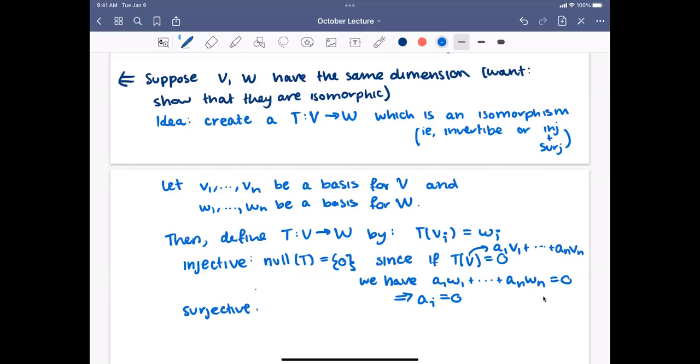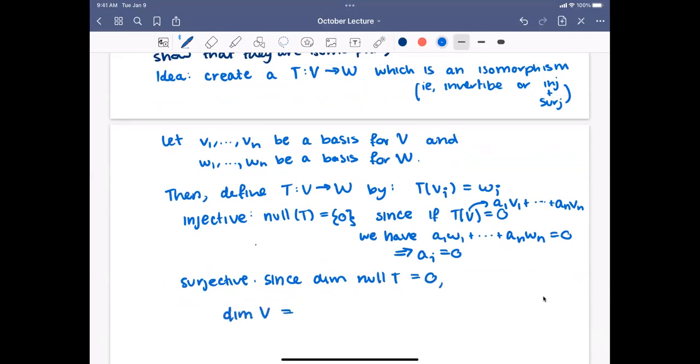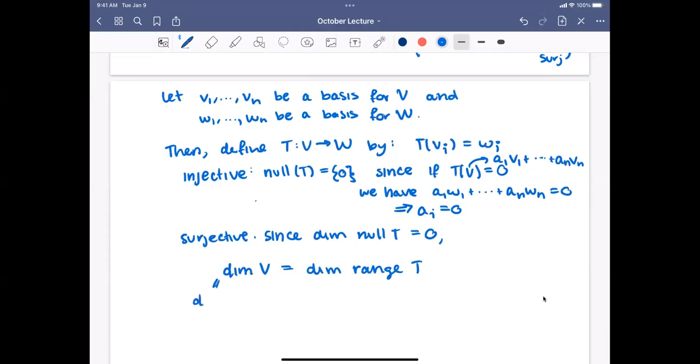If you use rank nullity, you can just say dim V equals 0 plus dim range T. Yeah, okay, so since dim null T is equal to 0, we have dim V equals dim range T, but also this is equal to dim W. So W is equal to the range of T.